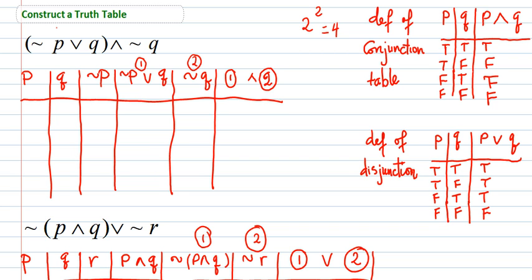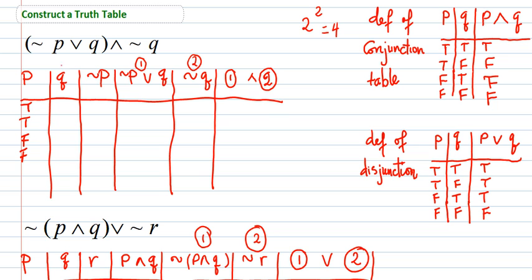So now let us look at the example. I have 2 letters, so therefore I have 4 cases: true, true, false, false. Now how do we construct a truth table? Make sure we have 1 column for each letter. So I have P and Q, 2 letters, 1 column for P and 1 column for Q. After this, we construct the truth table from left to right.